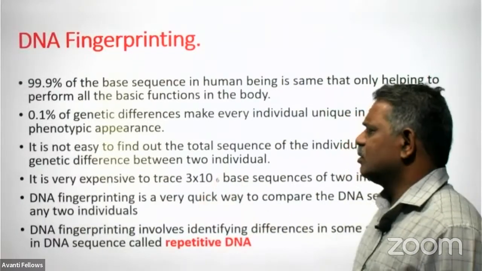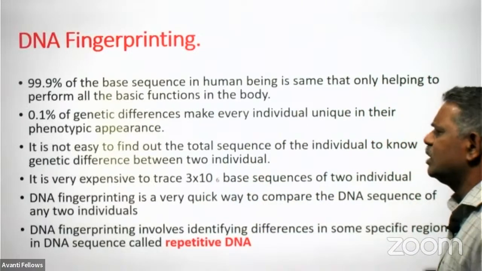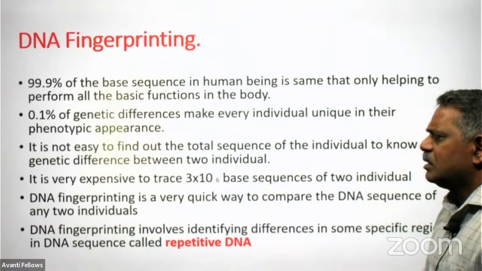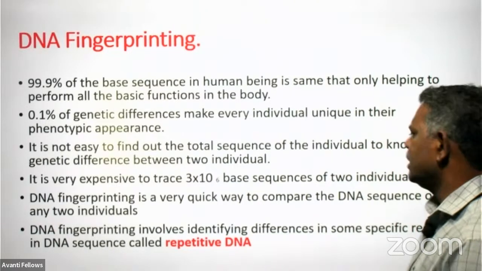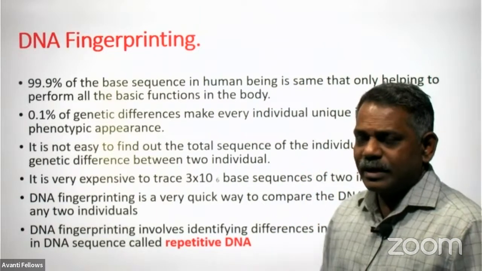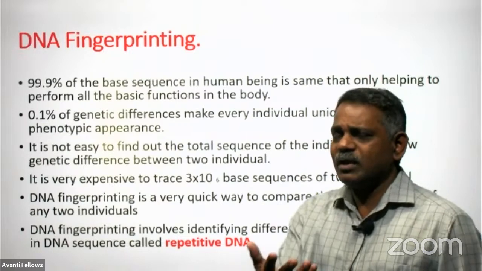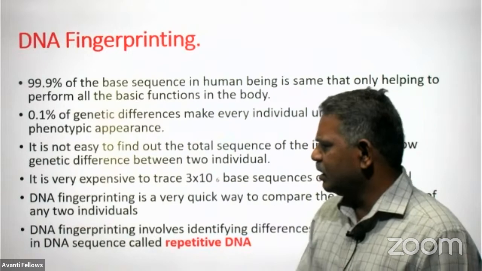It is very expensive even to trace 3 × 10^9 base pairs of two individuals to compare. So DNA fingerprinting is a very quick way to compare the DNA sequence of any two individuals. In case of dispute, we can identify the real biological father through DNA fingerprinting.